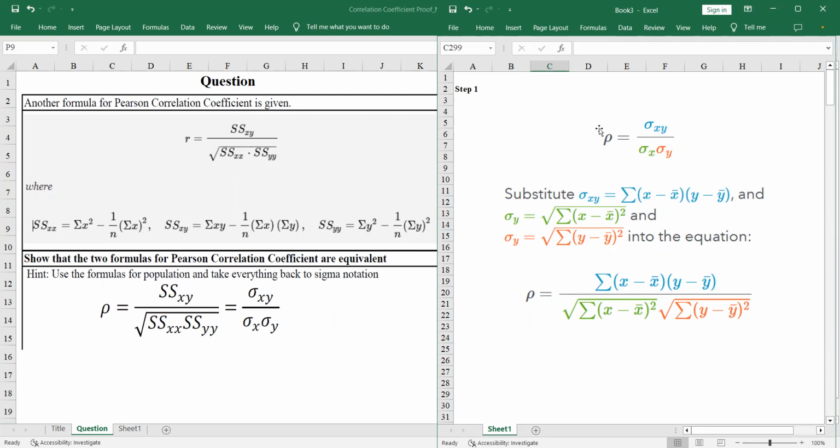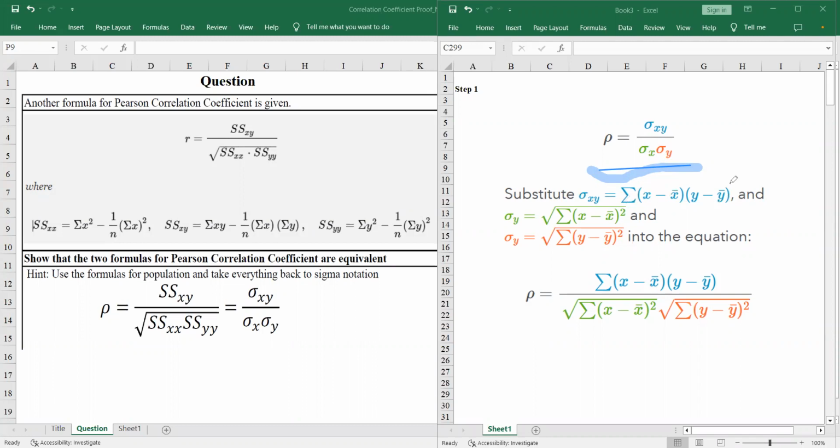So what I did was I started with the correlation, sigma xy divided by sigma x, sigma y. To do this, I simply substituted the value of sigma xy, which is the summation of x minus x bar, multiplied by y minus y bar.